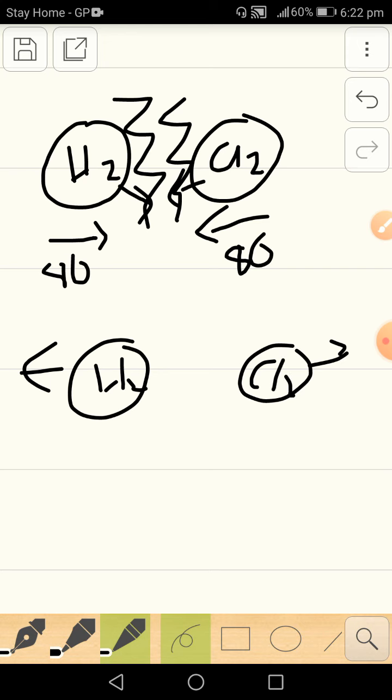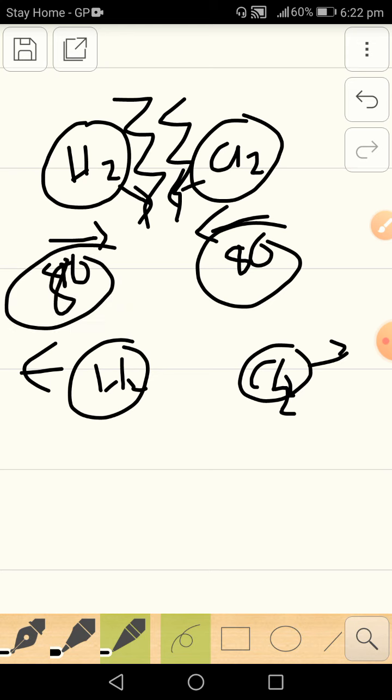That means they collided, they have undergone collision, but the kinetic energy they had was not enough to break the bonds in the hydrogen molecule or the chlorine molecule.